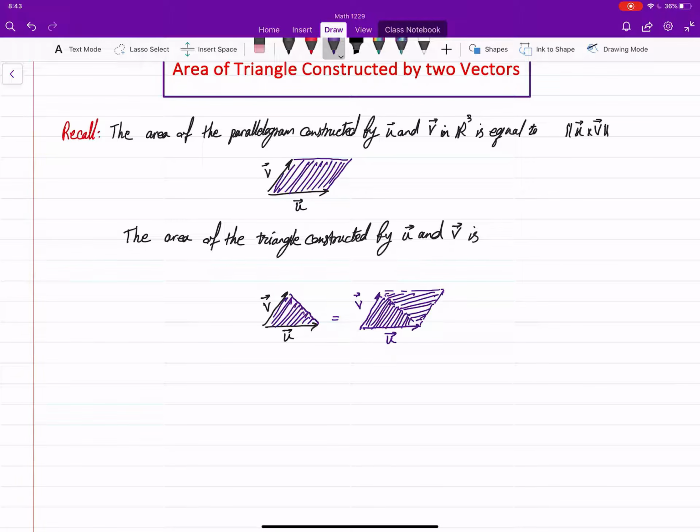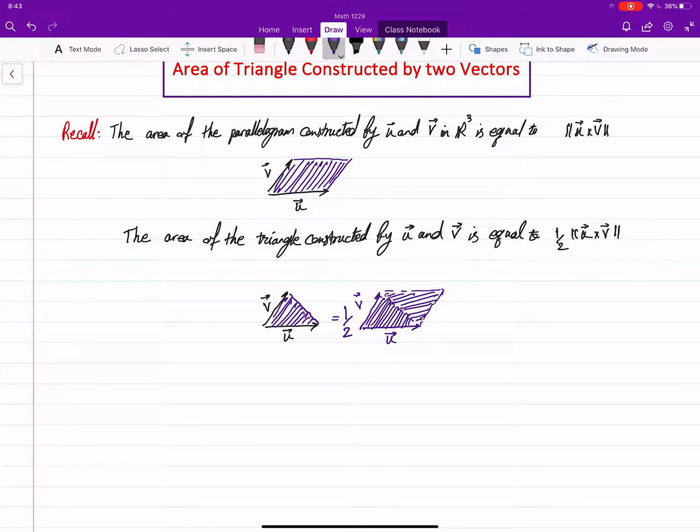So that means that the area of the triangle is equal to half of the area of the parallelogram generated by u and v. So this is equal to half of the length of u cross v.